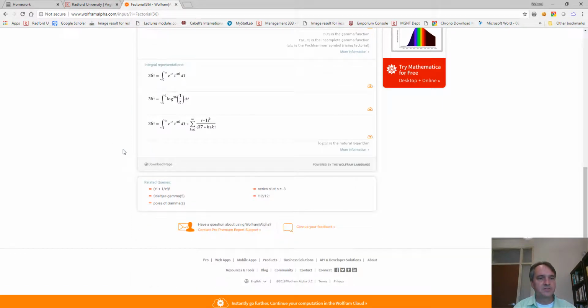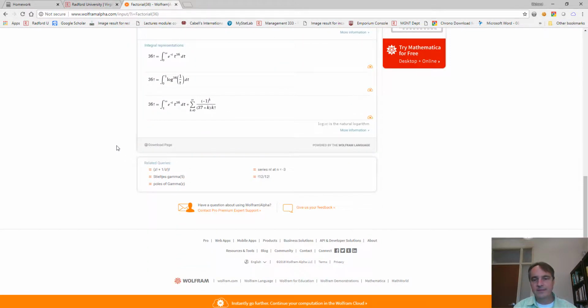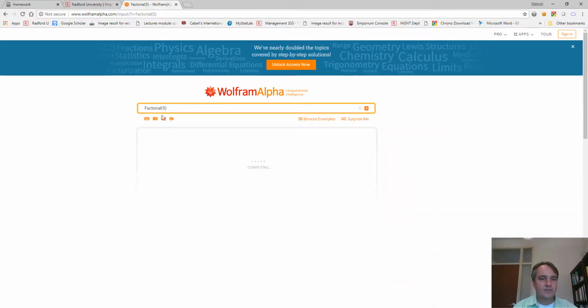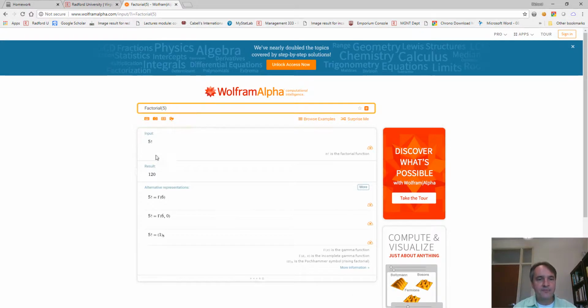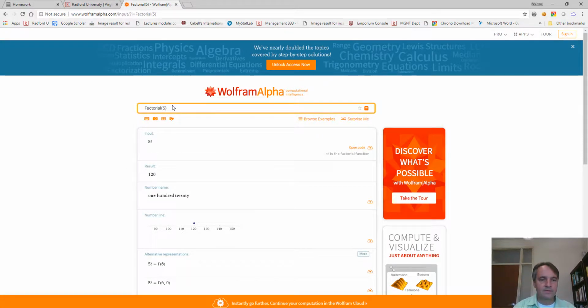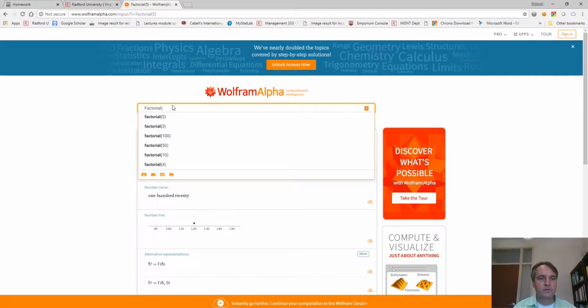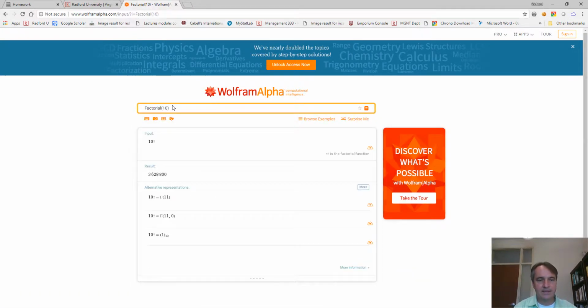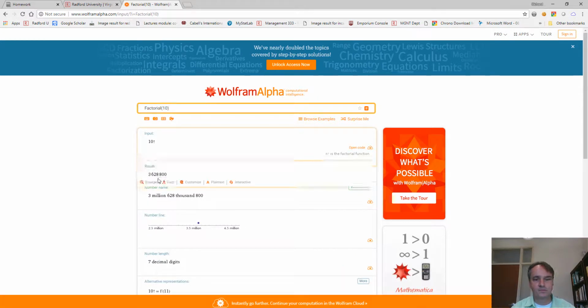I don't know if you've used this, but it's basically a website that is a big calculator that can do some quite amazing things. So we did factorial of 5, and that's not hard. So 120. If we were to say, okay, well, now we're up to 10 students. Look how quickly this grew. We're already up to 3.6 million.